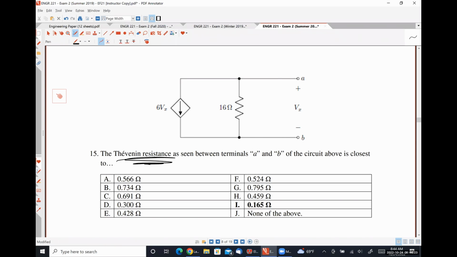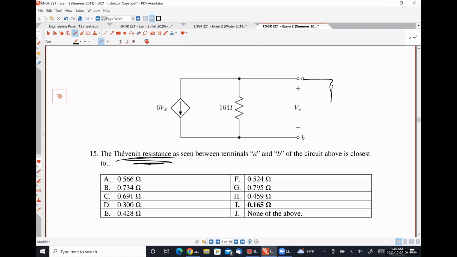There's nothing exciting the system until we apply a test source. So that's why we have to use a test source. Anytime you only have dependent sources and no independent sources, you have to use the test source method. Yep, for this particular problem, using a test voltage source makes this trivial.